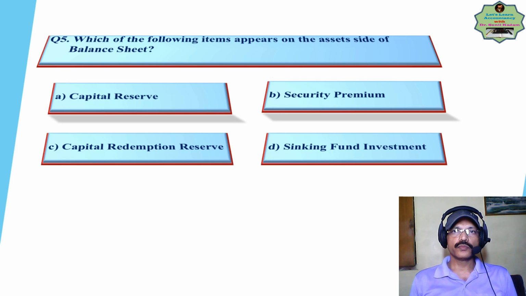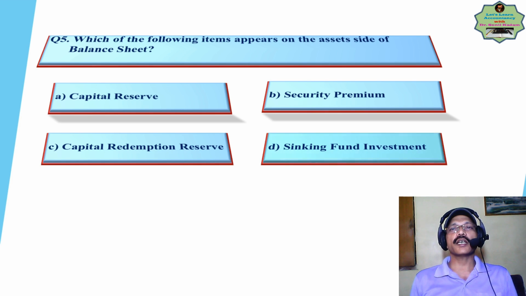Capital reserve is generally shown on the liability side under reserves and surplus. Securities premium is also part of reserves and surplus on the liability side. They are asking us for the asset side. The third item, capital redemption reserve, is also part of reserves and surplus. But the last item, sinking fund investment account, is an investment, and investment goes to the asset side of the balance sheet under the heading of non-current assets, under non-current investments.